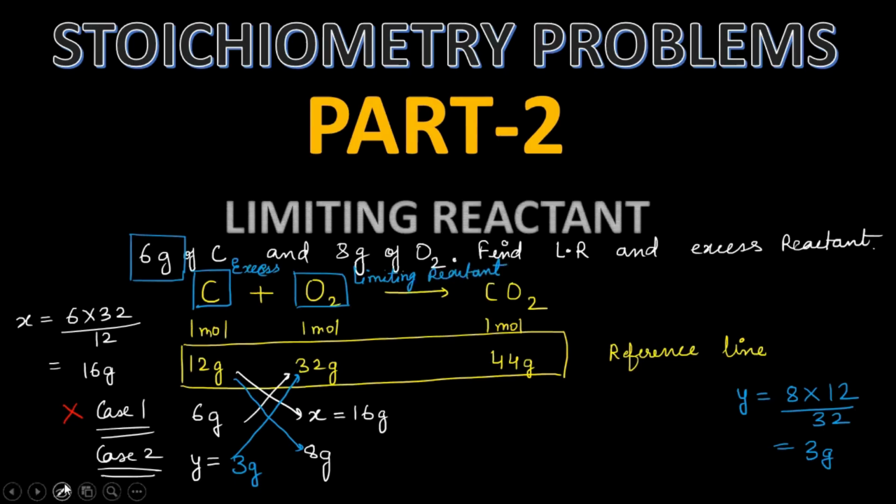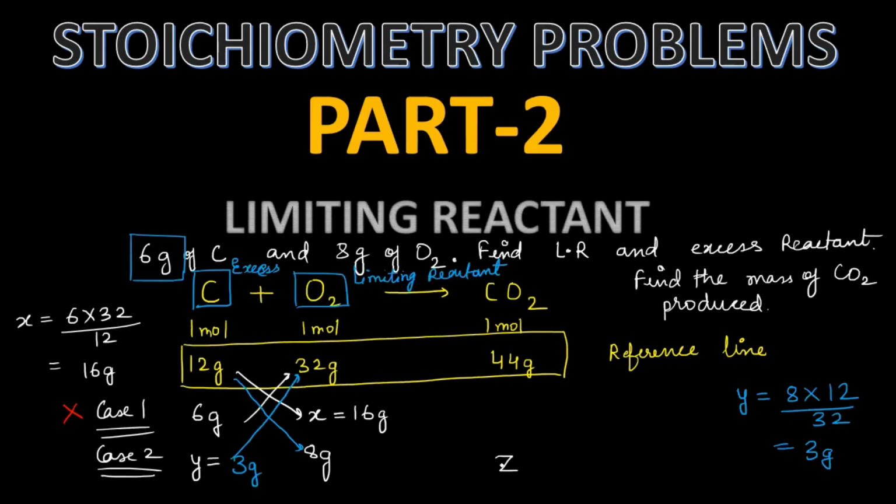Now, in the second B part, if I ask, find the mass of CO2 produced. Using case 2, we will find the mass of carbon dioxide produced.